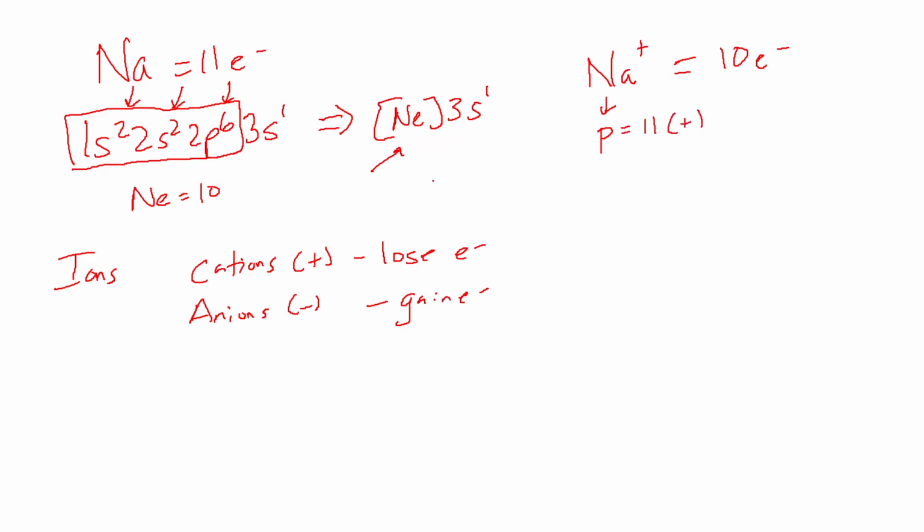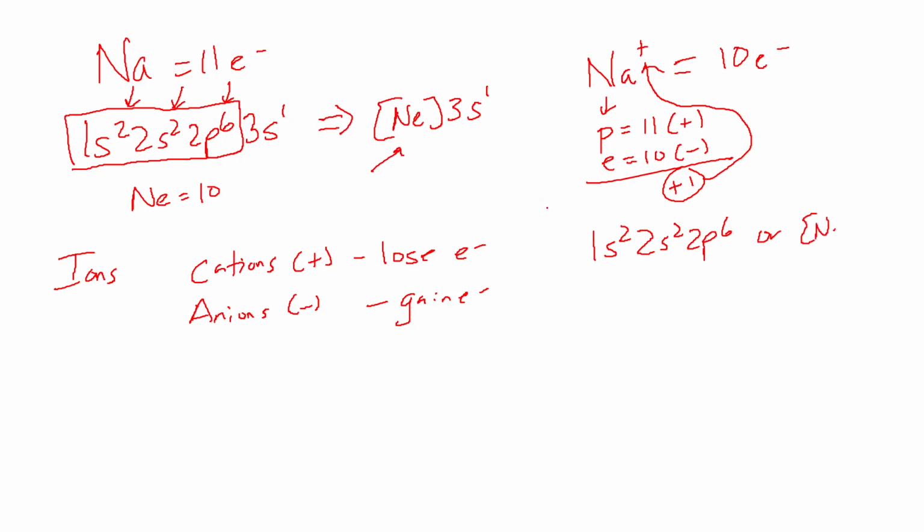Otherwise, it's no longer sodium. And it would need, as you can see there, 10 electrons, 11 positives and 10 negatives, leaves you that +1 charge left over that we see in the sodium ion. The configuration for the sodium ion would be 1s2, 2s2, 2p6. Again, as we've seen, that is neon's configuration.